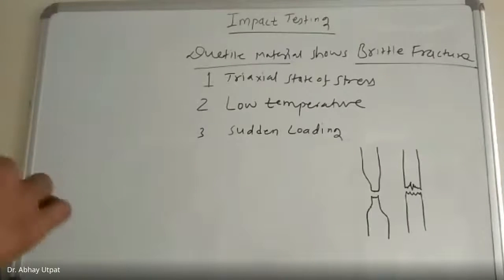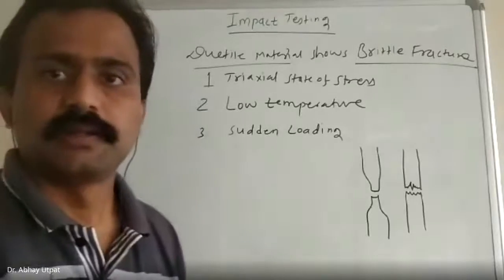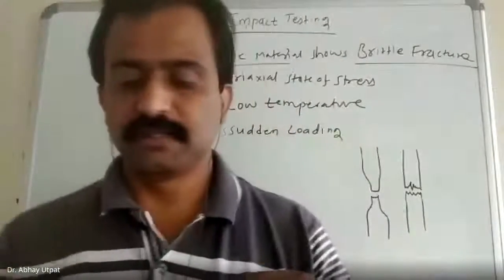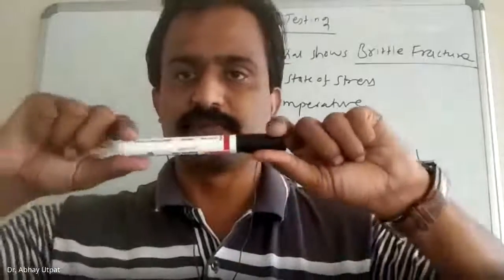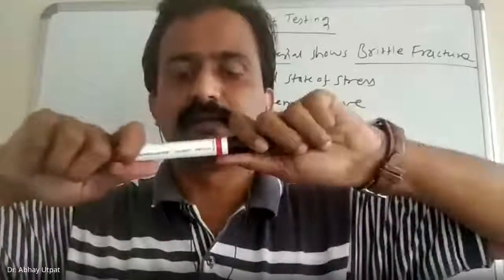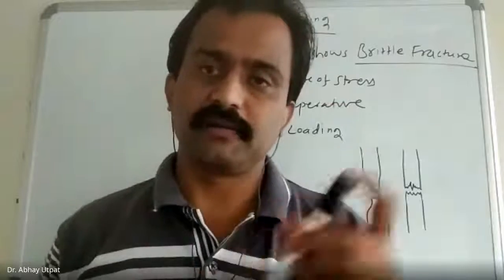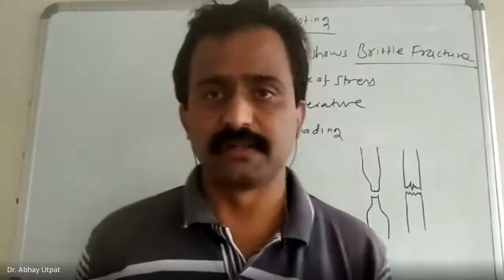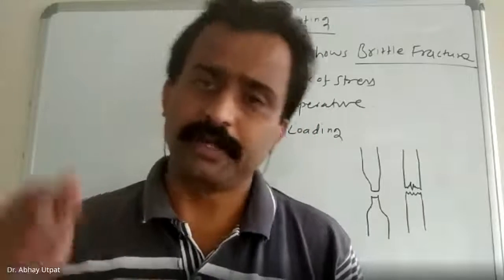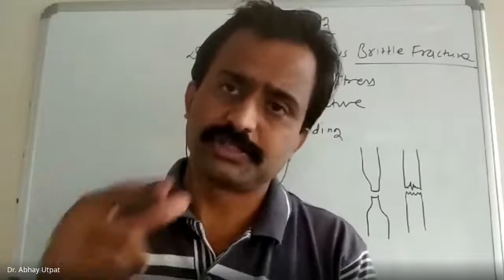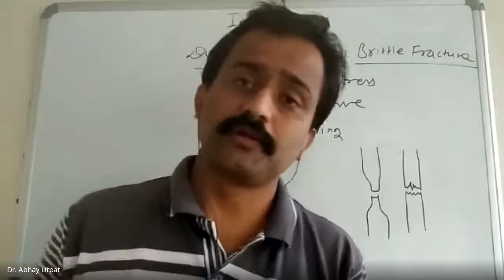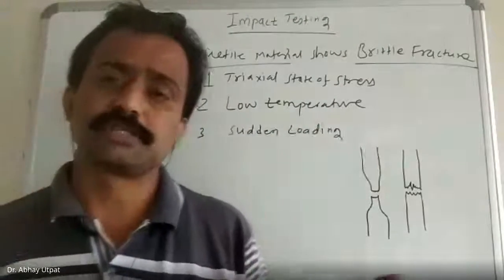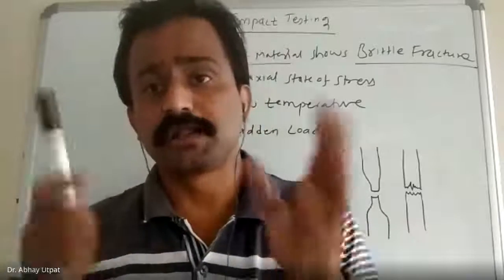Now see, what are the above conditions? Triaxial state of stress. Usually in tensile testing, there is a biaxial state of stress, means one side, another side. If your material gets tensed in three directions, it may fail suddenly. Now, in actual practice, we cannot create such conditions, but during working, many times your component may come across different loads from all the directions.